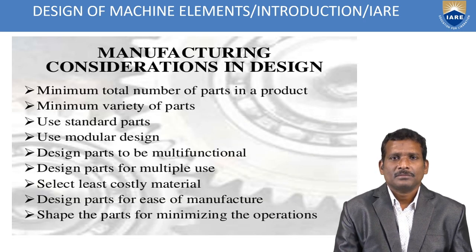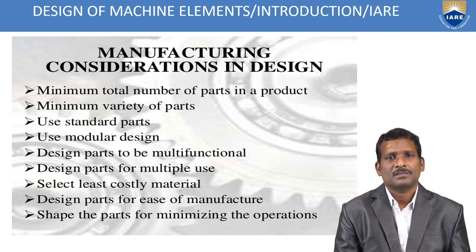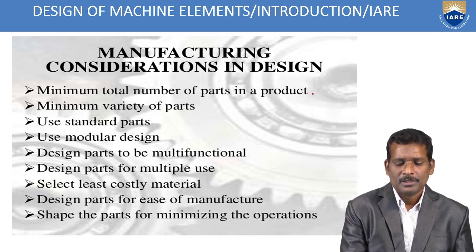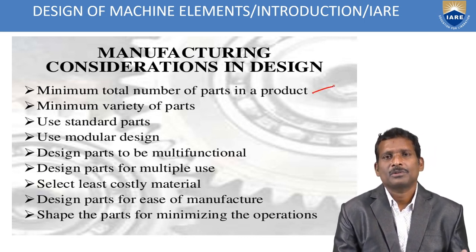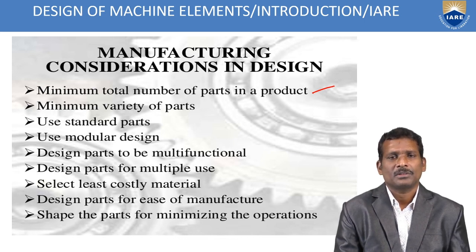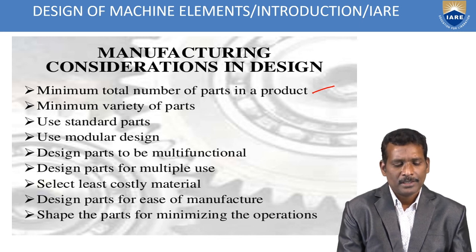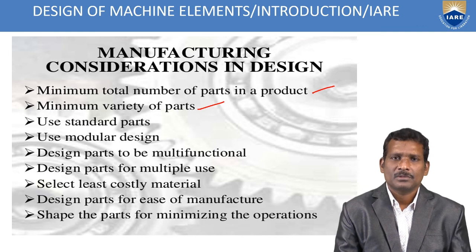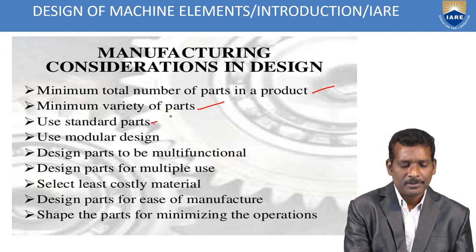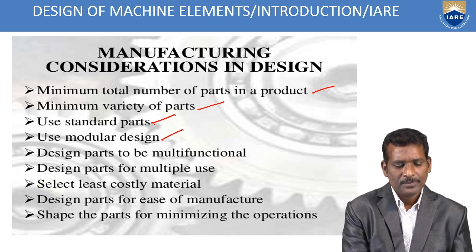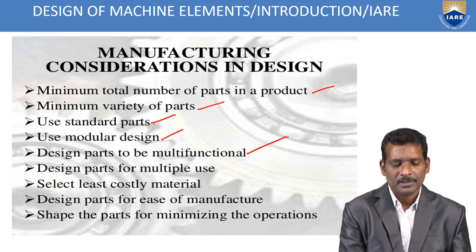Next one is the manufacturing considerations in a design. Some manufacturing considerations are also important. The first one: minimum total number of parts in a product. Clear? So you have to reduce the number of components in our particular design, and then minimum variety of parts. So minimize the variety of parts, and then use standard parts. Clear? And use modular design, and design parts to be multifunctional.